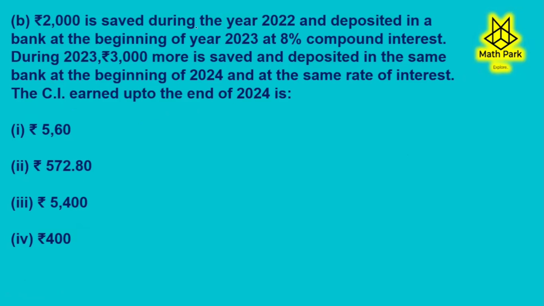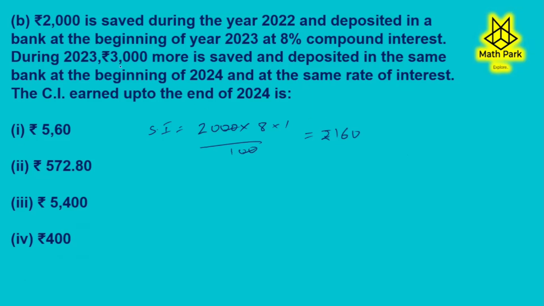Rupees 2,000 is saved during the year 2022 and deposited in the bank in the beginning of year 2023 at 8% compound interest. So the interest that we are going to get in the first year is going to be 2,000 into a rate which is 8 times 1 upon 100, which we get as rupees 160.